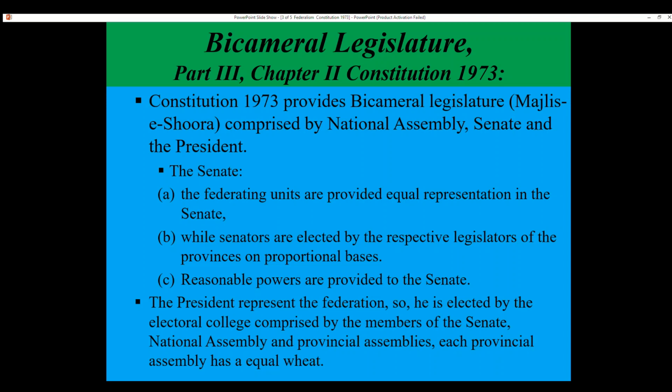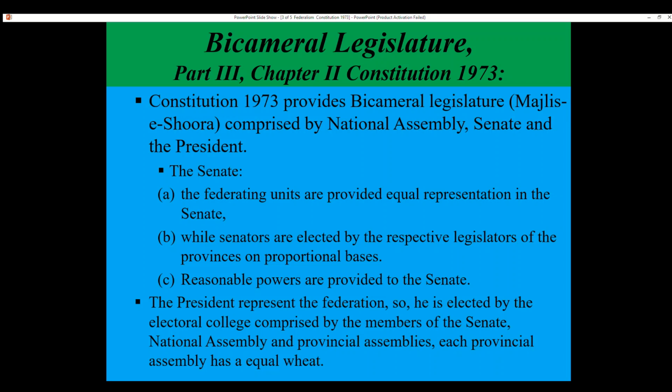So, there are two houses, Senate and National Assembly. The Constitution of 1973 provides a bicameral legislature, Majlis-e-Shura, comprised of the National Assembly, the Senate, and the President.